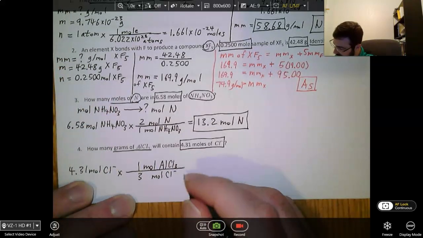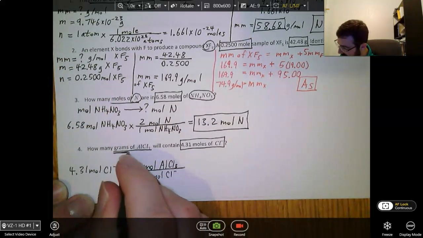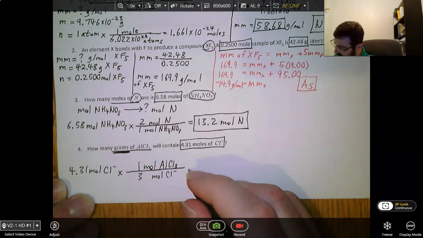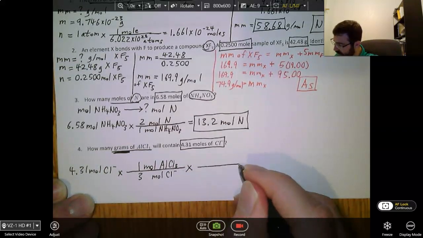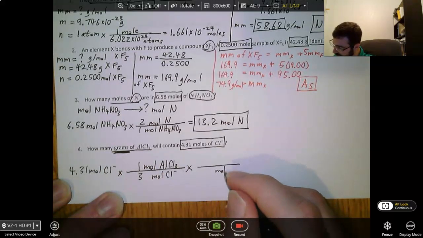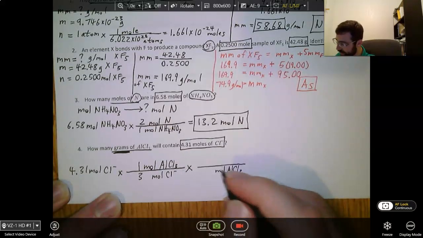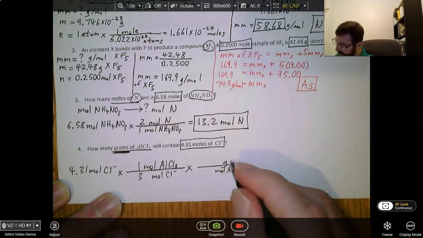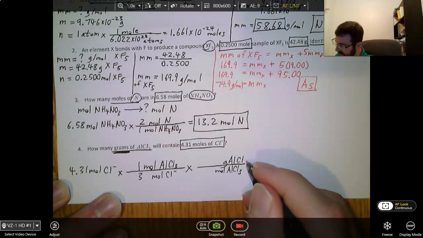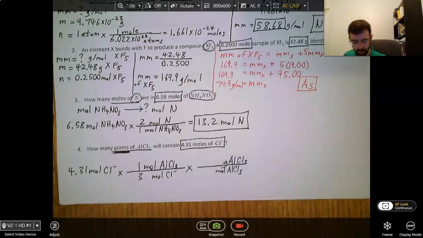Now we've got moles of AlCl3. I'm looking for grams of AlCl3, so we need to use another relationship. Moles of AlCl3 goes on the bottom, and on top I need to put grams of AlCl3, because that's what I'm looking for. The relationship between grams and moles, of course, is molar mass.